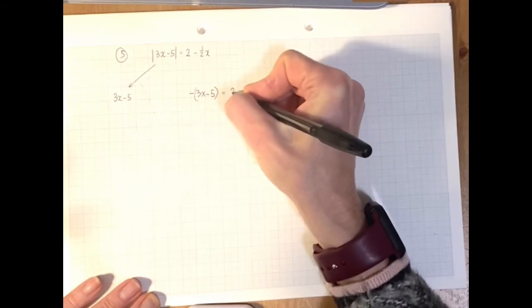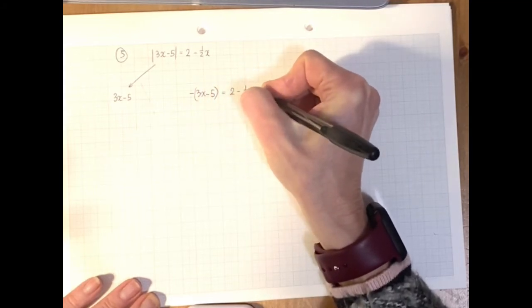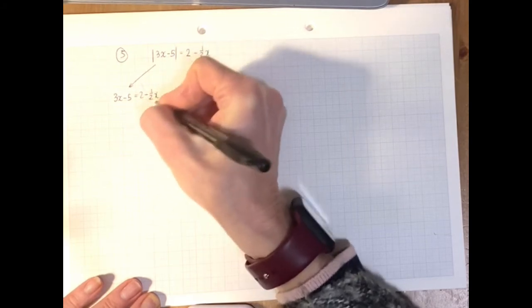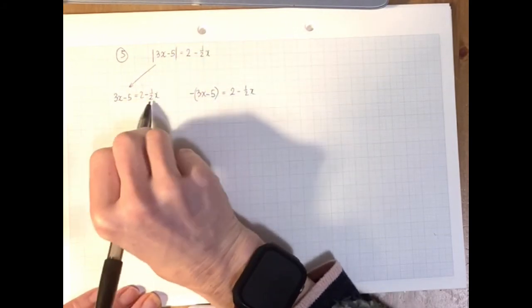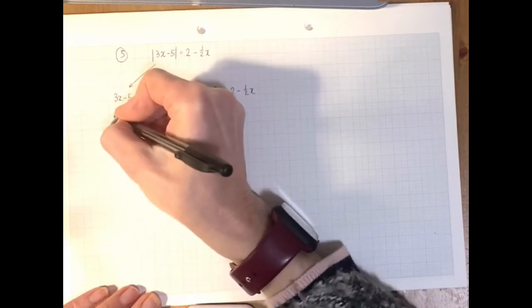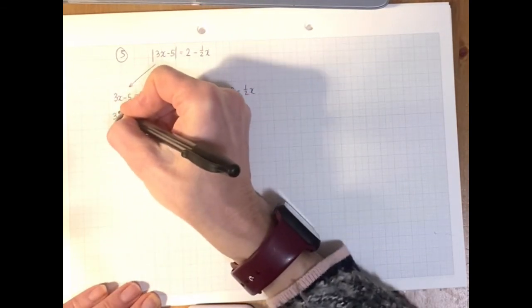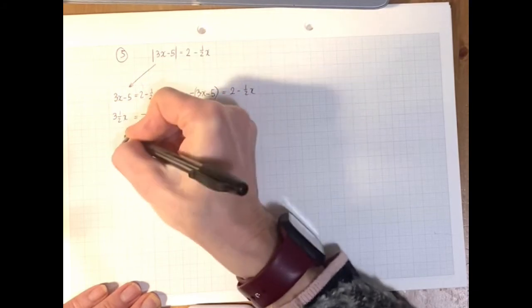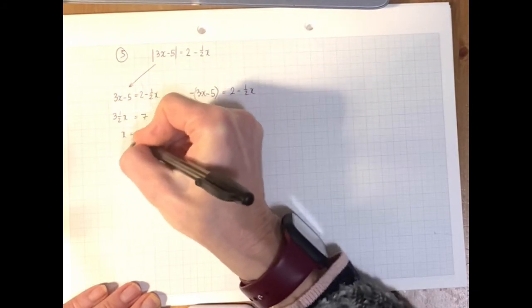And then you're going to make it equal to 2 minus a half of x in both cases. So rearranging it, the half of x becomes 3 and a half of x, so 3.5x, and then you've got 7 on this side, so x is equal to 2.